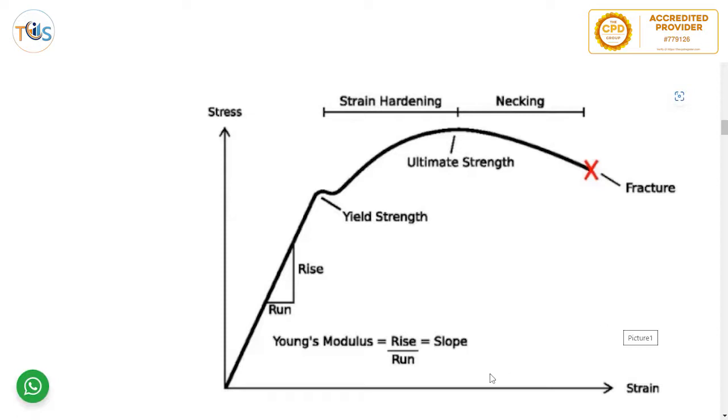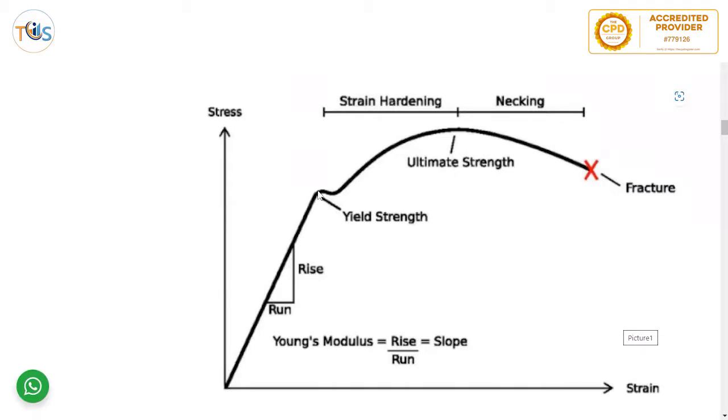So as you can see here, there is a stress-strain curve. The horizontal one is the strain. This is the stress. So as you apply the stress, the material stretches, and you can see you got the graph here, a straight line.